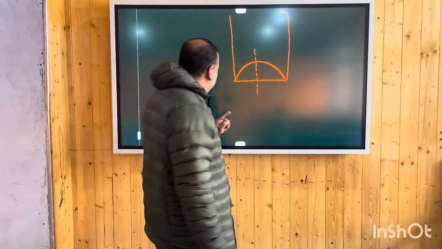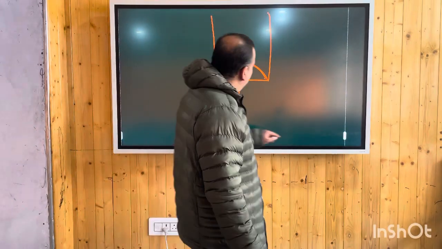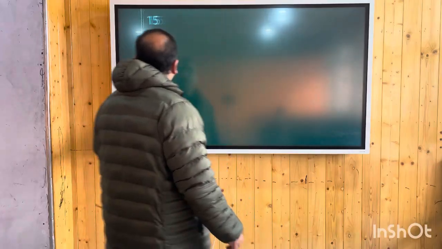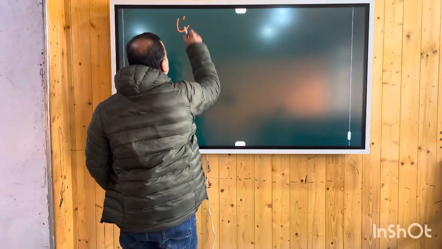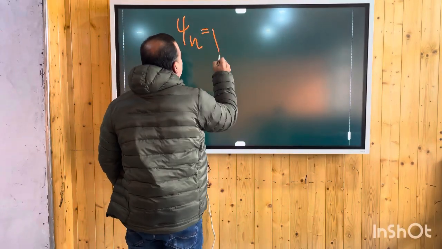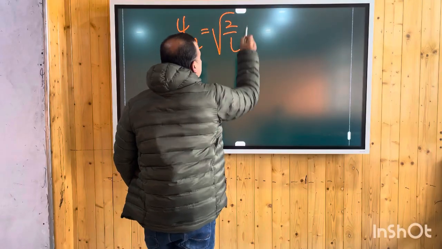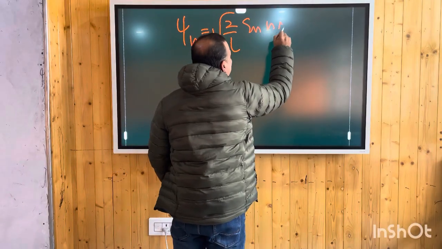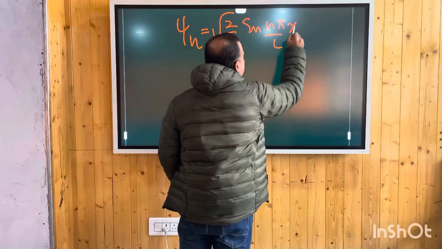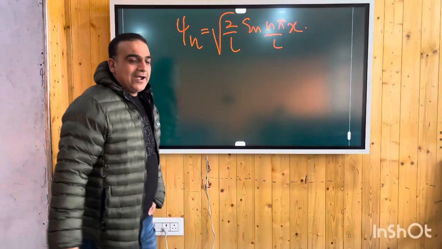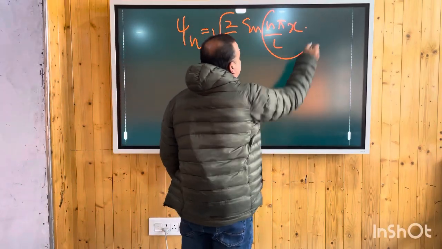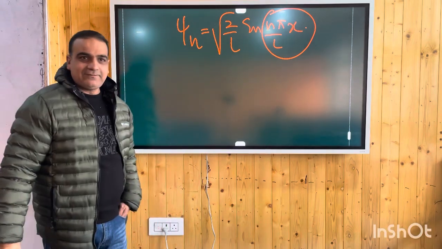Now let's demonstrate this with our eigenfunction. What is that? The eigenfunction is 2 by L sine of n pi by L x. Now what is this? This is sine of theta, right?